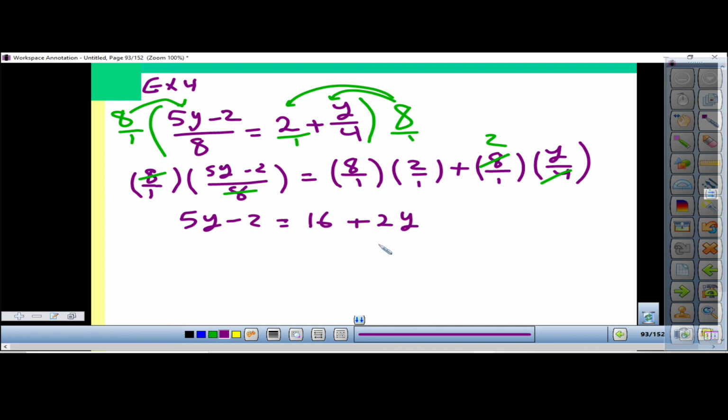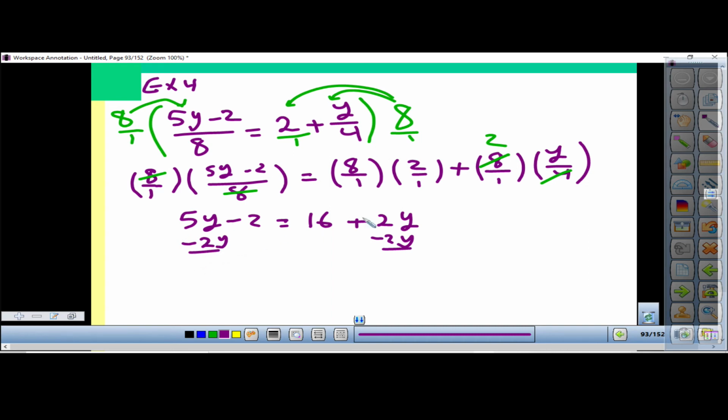I make myself comfortable by subtracting 2y. Can I subtract 5y's from both sides? Can I or can I not? I could, but you're going to have to keep track of the negative because you're going to end up with negative y's.